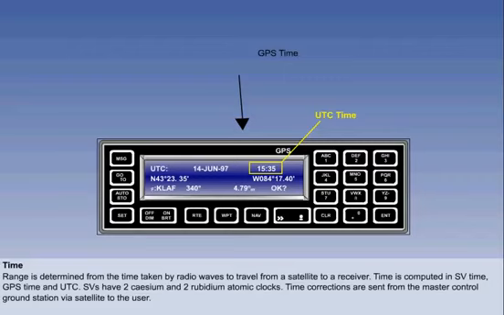Since the aircraft equipment also needs to know the start time of the transmission, it requires its own clock. This clock is not as accurate as the satellite's atomic clock, but this problem is resolved as part of the signal process, and SV time is converted into GPS time.